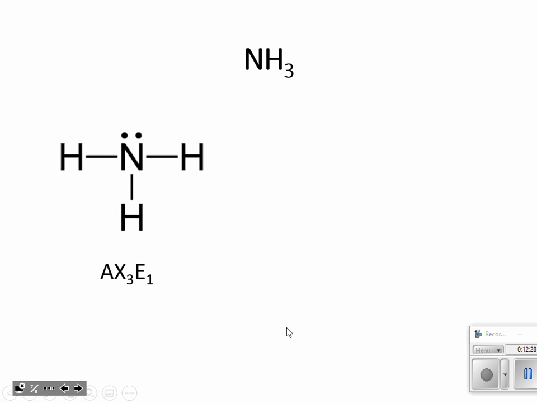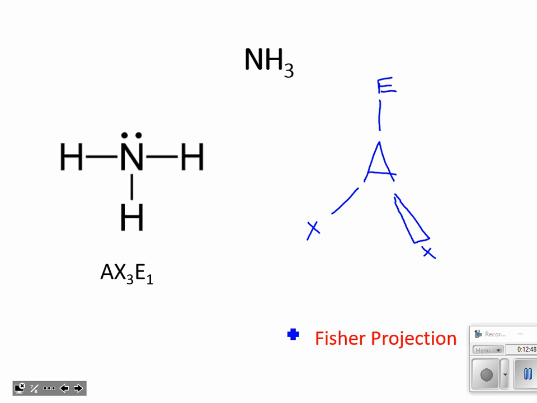and I say, okay, for my Fisher projection, I have A, I have E, and I have X. I have a wedge with an X, and I have hashes with an X. Once again, I'm going to replace A in this particular one with my central atom, which is nitrogen.